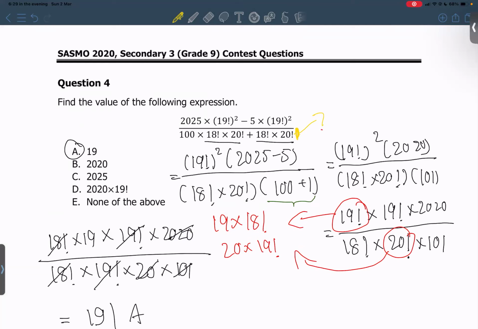So you can factor them out, or you can just factor them out one by one. If you do it one by one, you'll get 18 factorial times 100 times 20 factorial plus 20 factorial. And then you can take 20 factorial out again. So you'll get 18 factorial times 20 factorial times 100 plus 1.